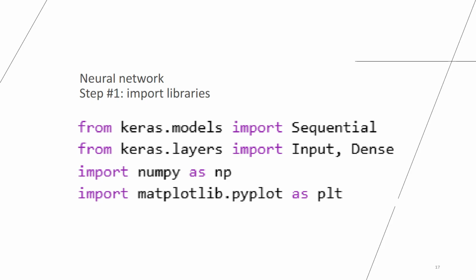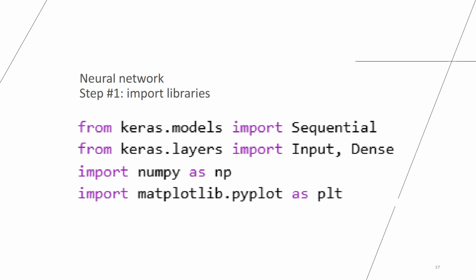After that, we import NumPy, which is one of the most widely used libraries in scientific computing with Python. NumPy allows us to create and manipulate arrays of numerical data, which is essential when working with machine learning models. Finally, we import Matplotlib, specifically the pyplot module.